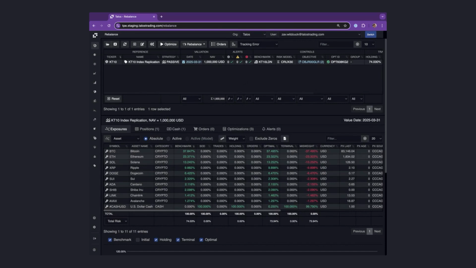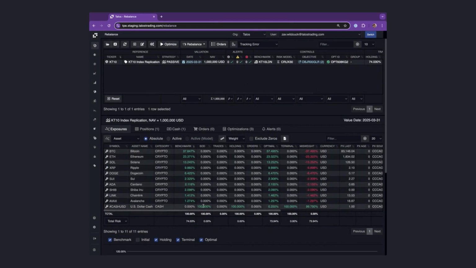Is it in April? Yeah, it'll be this week actually. Okay, so we're at the very tail end of the rebalance window. Bitcoin has rallied and has a 37% weight in the index currently, 23% for Ethereum, 13% for Solana, but still nicely diversified.